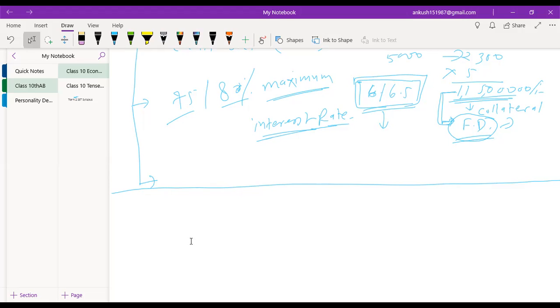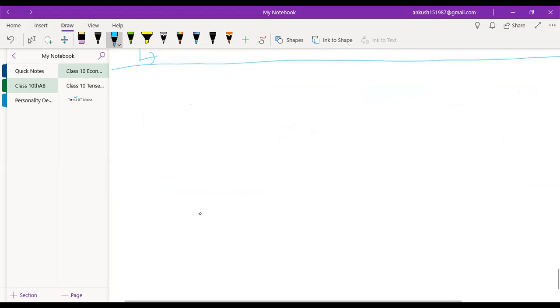Now let us understand the formal sector of credit in India.